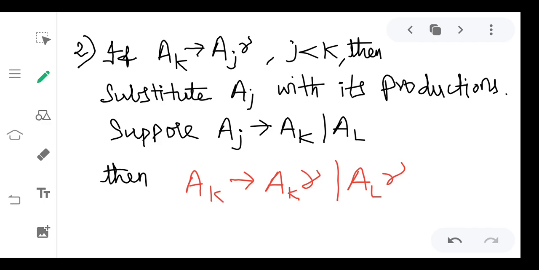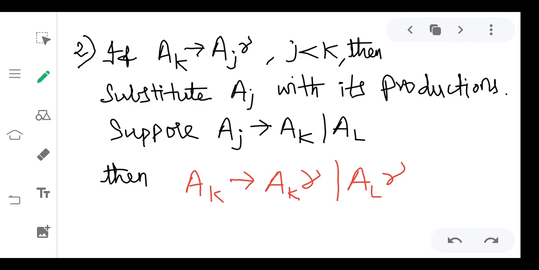So, we have to replace Aj with its productions. Suppose Aj produces Ak or Al, then we replace Aj by its equivalent productions Ak and Al. So, Ak produces Ak gamma or Al gamma.